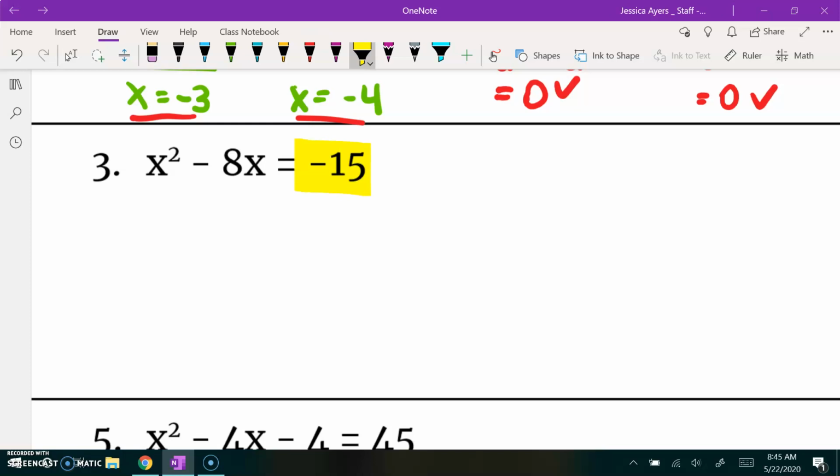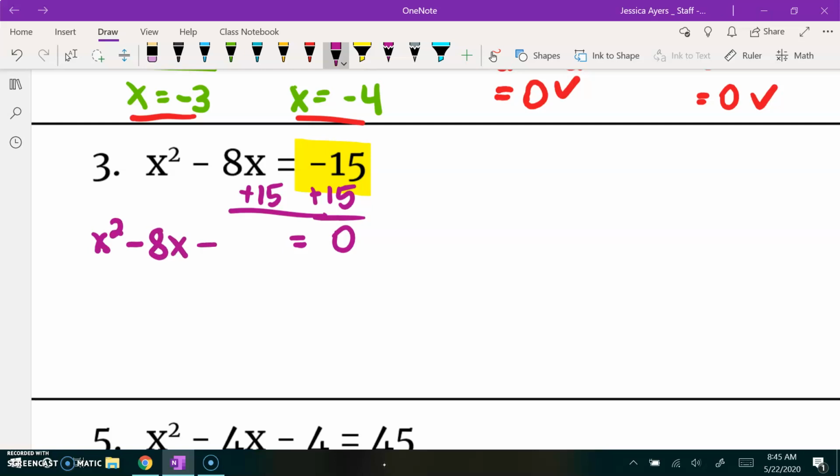So we need to get it equal to 0 first. Since it's negative, we're just going to make it positive because that would make 0, and we'll add the 15 over here. Since 15 doesn't have an X on it, it's not going to get combined with anything because they don't have like terms. So X squared minus 8X plus 15 is equal to 0.